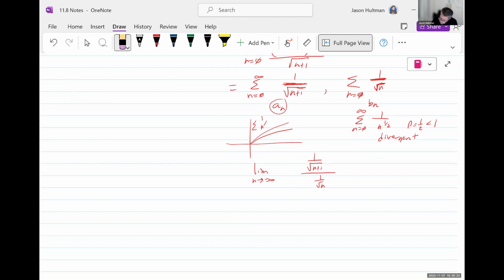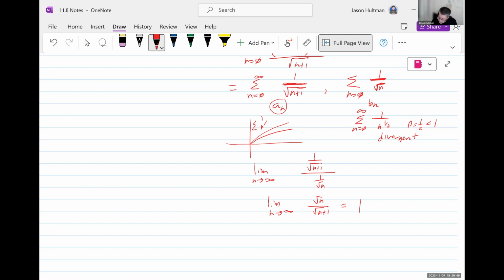The ratio of that, what does this equal? This equals the limit as n goes to infinity of radical n over radical n plus 1. And again, this thing just becomes 1, because you could bring everything inside a square root, and you just get 1 over 1.